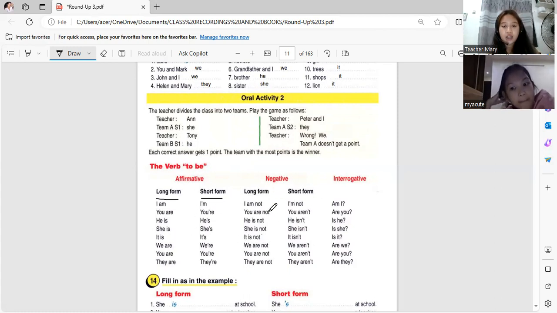And for the negative, for the long form, like I am not, you are not, he is not, she is not, it is not, we are not, you are not, and they are not. Okay, how about for the short form? I'm not. You aren't.